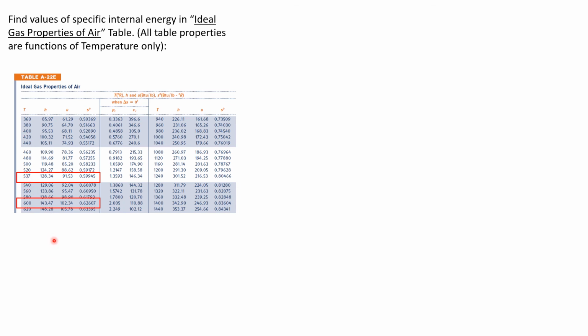So I can find values for U in this second column. And I'll see that at state 1, where my temperature is 600 degrees, U is just a function of this row of 600 degrees. And I get a value of U as 102.34 BTUs per pound mass. Likewise, at state 2, U is just a function at 537 degrees, so it's right here. It's 91.53 BTUs per pound mass.